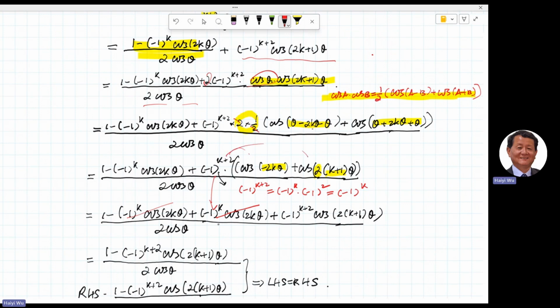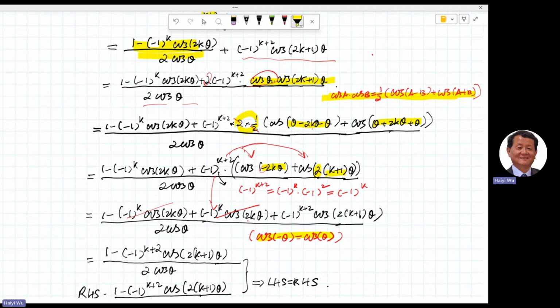Expanding the bracket: negative 1 to the power of k times cosine 2k theta. Cosine of negative 2k theta is the same as cosine of positive 2k theta, because a negative angle for cosine is the same as cosine of the positive angle.